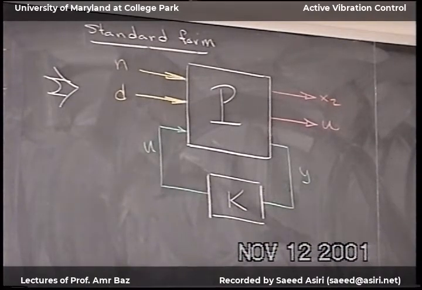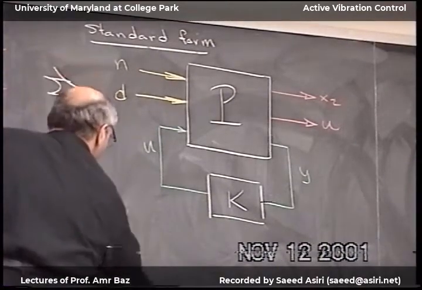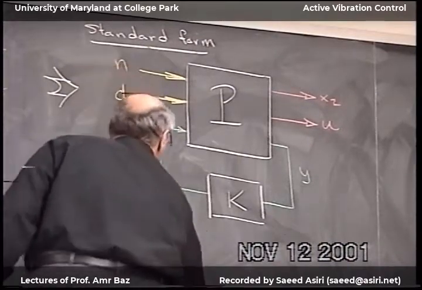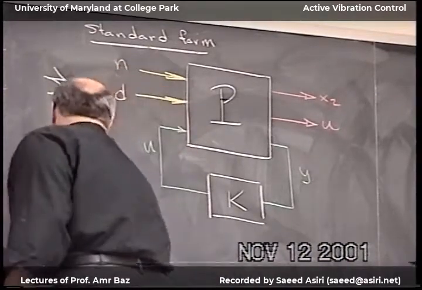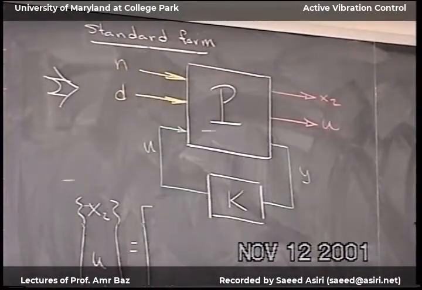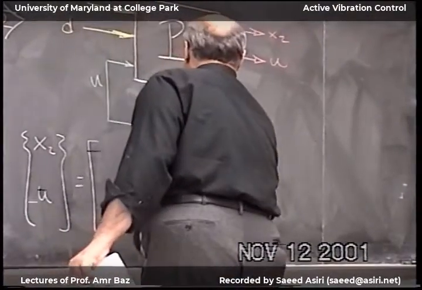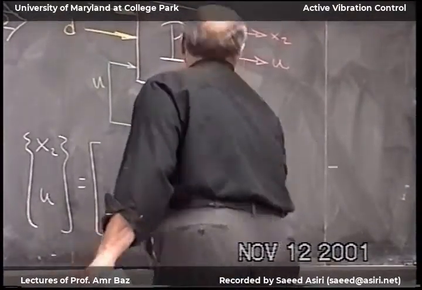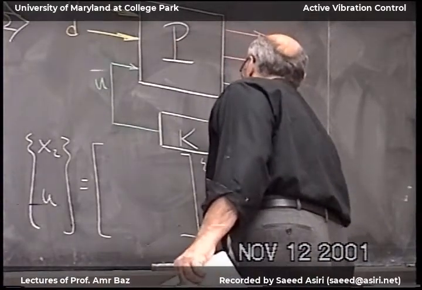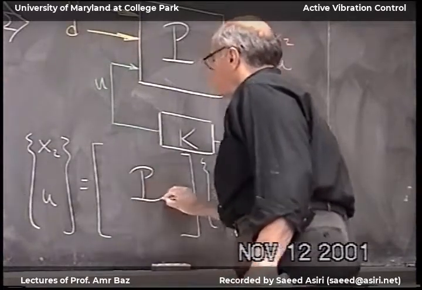So what we need is to write down here the outputs, x2 and u, and then the inputs, here the N, D, and U, and we find this matrix P.